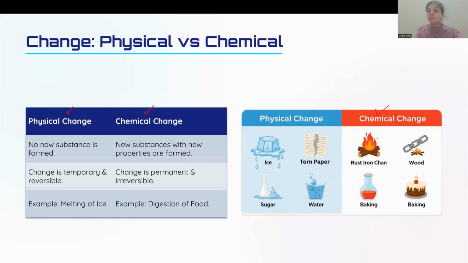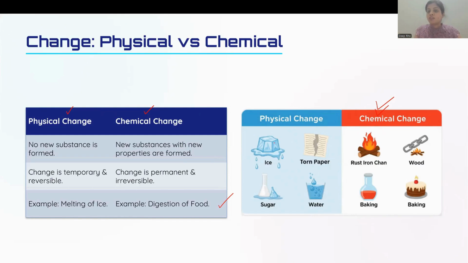Like burning and digestion, all these are chemical changes. This change is permanent, and the substance has entirely different properties than the original substance. Example, digestion of food.